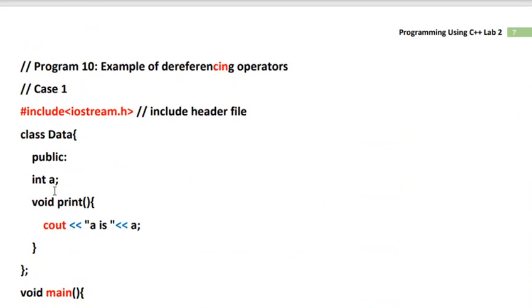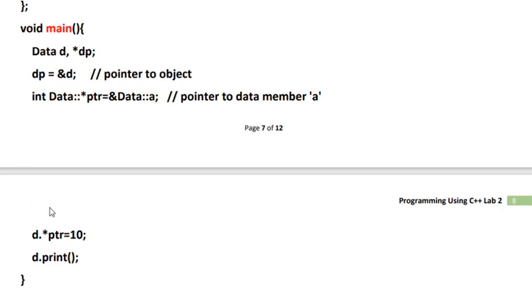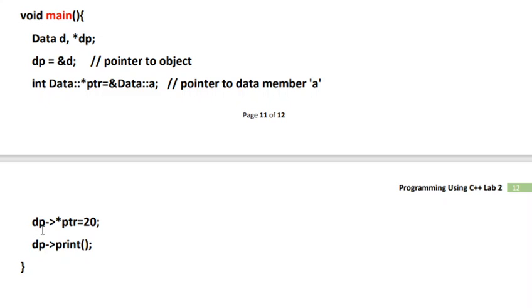The initial program used D dot asterisk PTR. In the 12th program, we have replaced D with DP, because DP is declared as a pointer to D. This is how you can access a member of a class using a pointer.